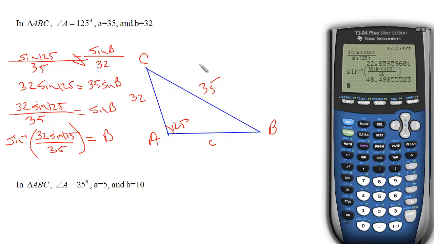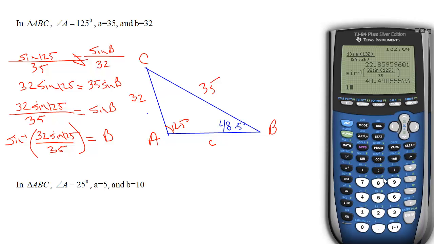We're going to round that to 48.50. And let's go ahead and find, sorry, it's not the side length, that is angle B. Now I can find the other missing angle, 180 minus 48.5 minus 125. So this angle is 6.5.